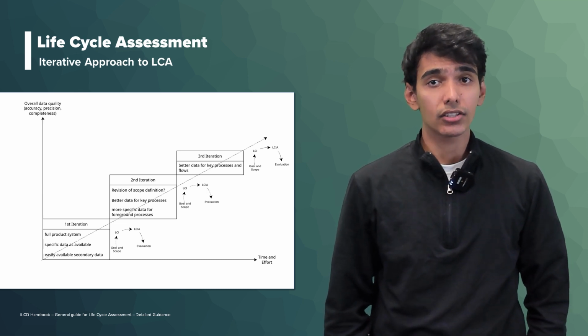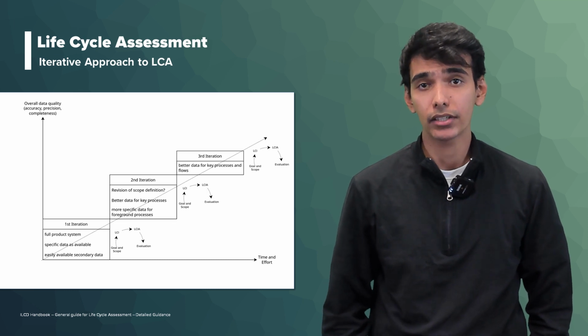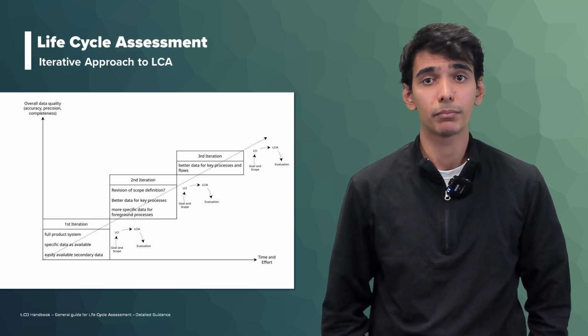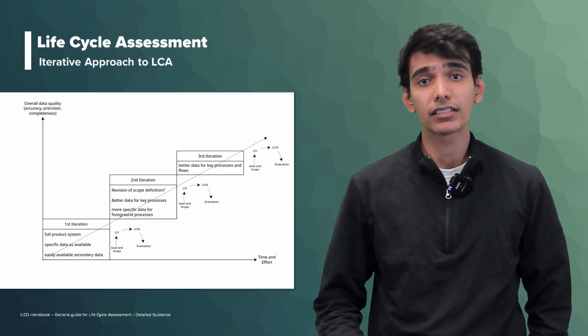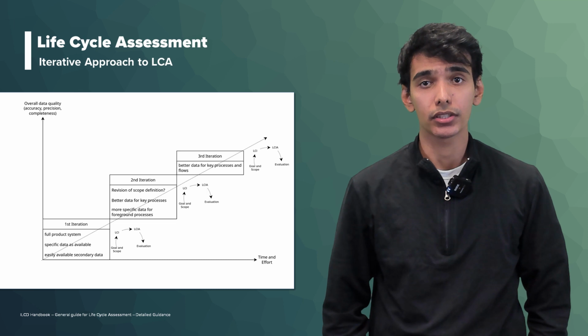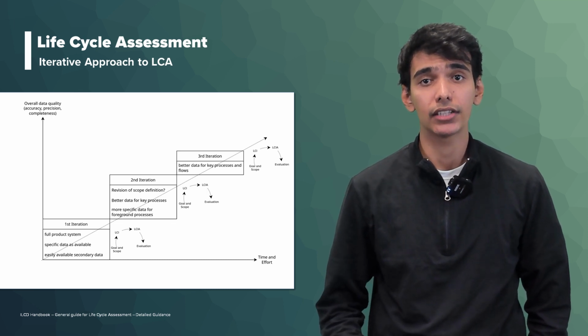But in your second iteration you try to revise your scope, and maybe you need some better data for key processes or more specific data for foreground processes. This is basically where interpretation comes in. So you have some kind of analysis of what you've done so far and decide to change.